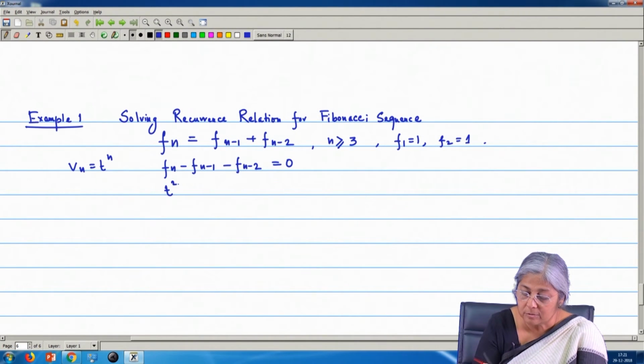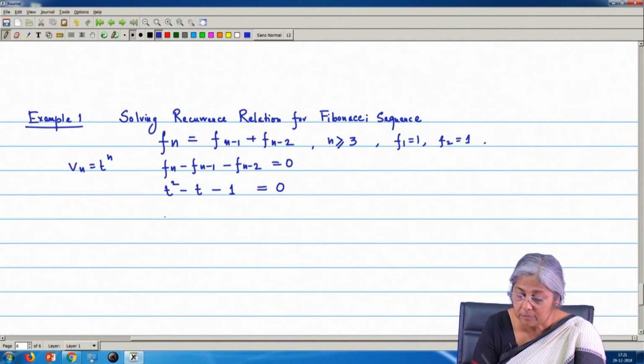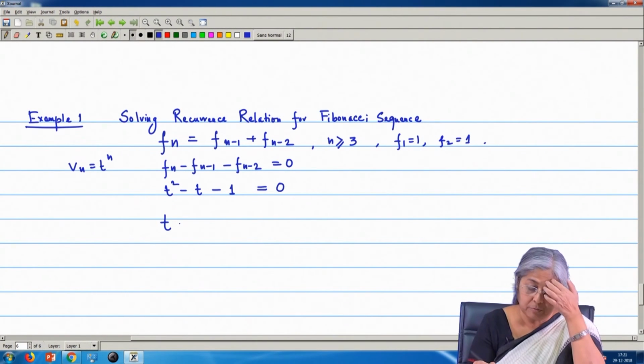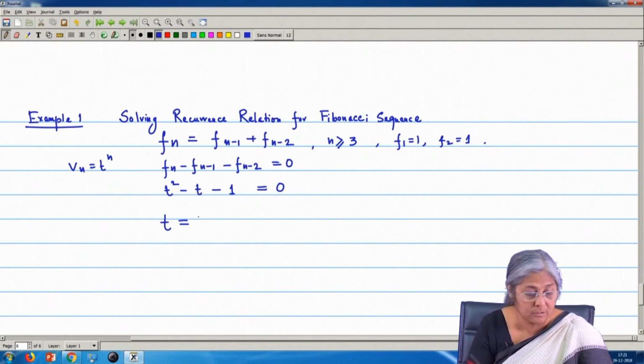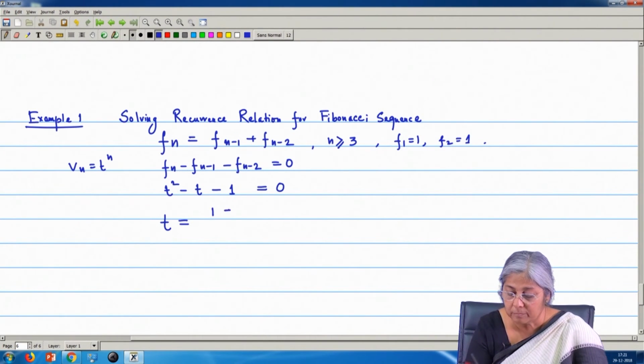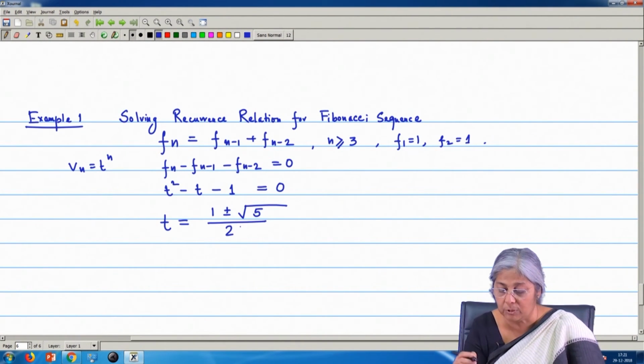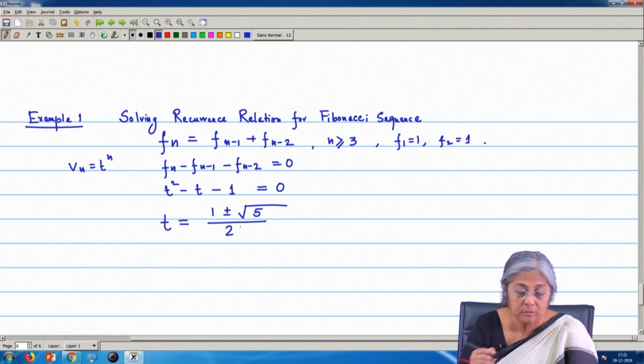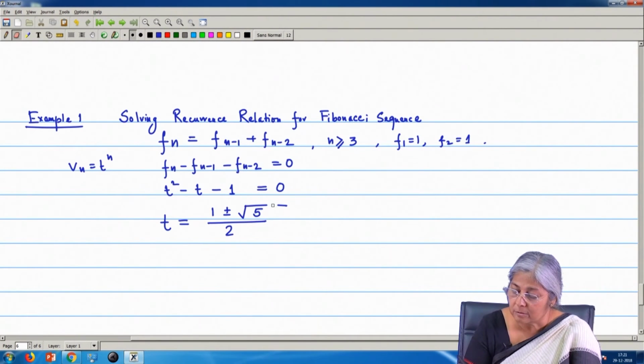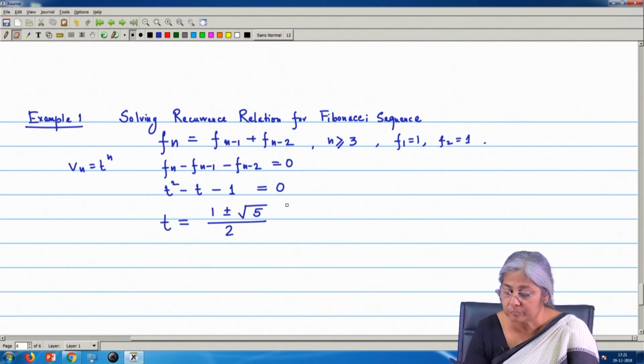So, I get t square minus t minus 1 equal to 0. Using minus b plus minus root over b square minus 4 ac by 2a, this t becomes 1 plus minus root of b square minus 4 ac, which is 5, divided by 2 into 1. So, t equal to 1 plus minus root 5 by 2.